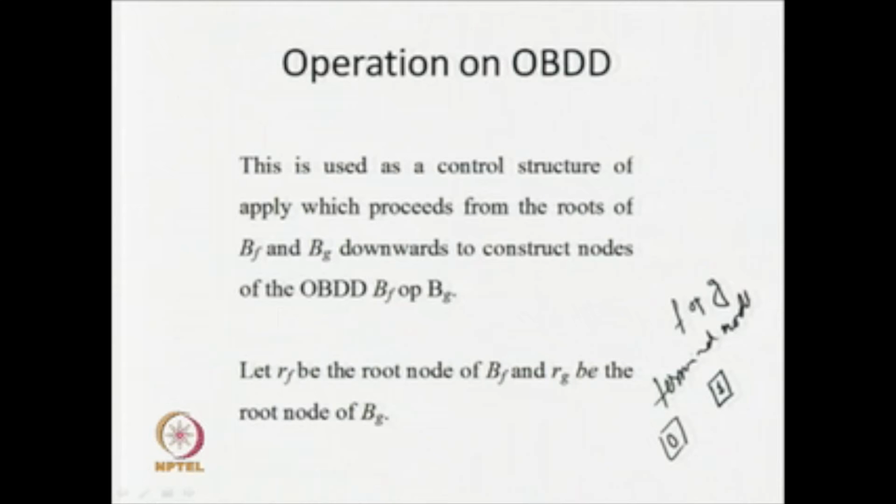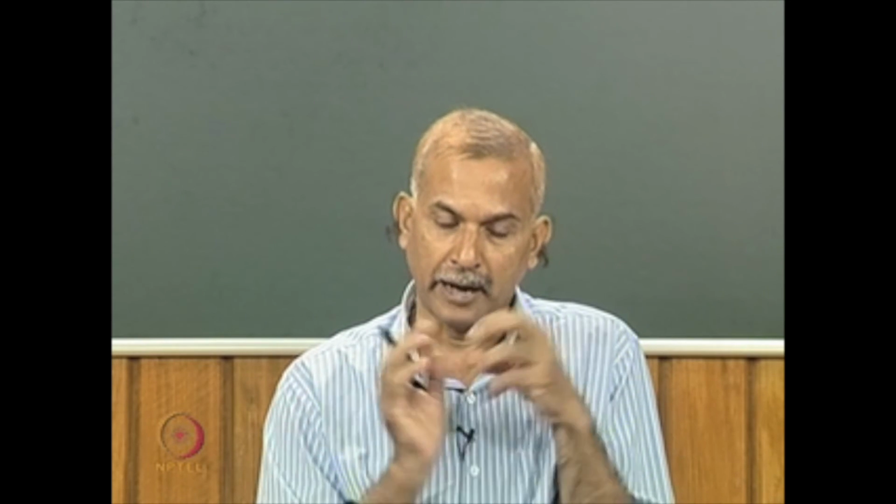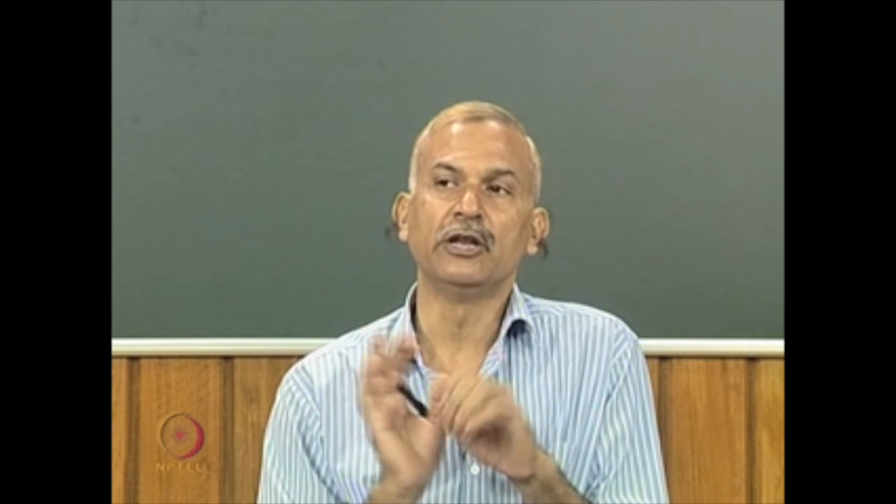Then I can apply this operation, because if my operation is, say, dot, then I know that 1 dot 1 is equal to 1, and for the other combinations, 1 dot 0 is equal to 0, or 0 dot 0 is equal to 0. Like that we construct the resultant BDD, and when we get to the terminal nodes, we can eventually apply the operation on those terminal nodes.